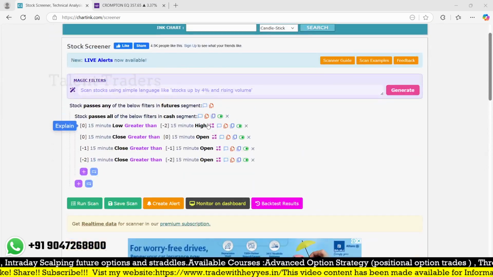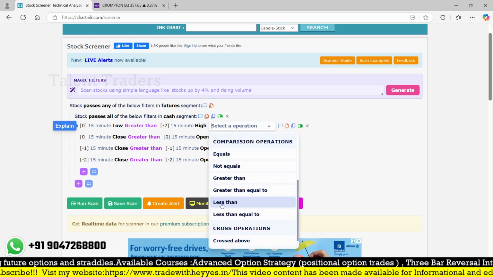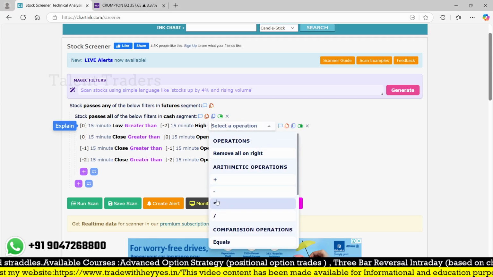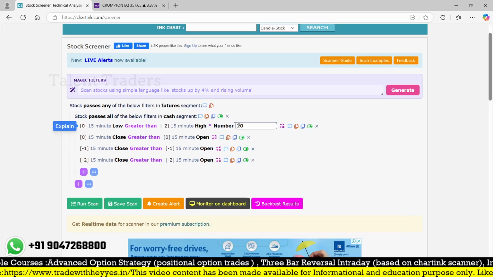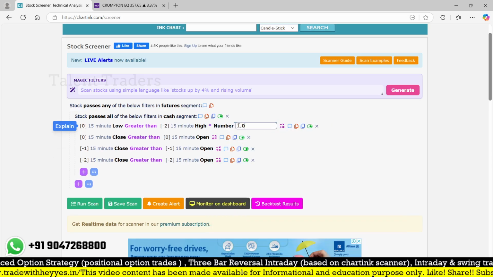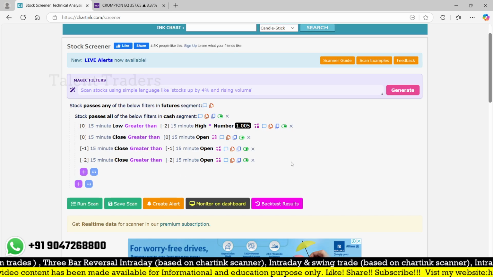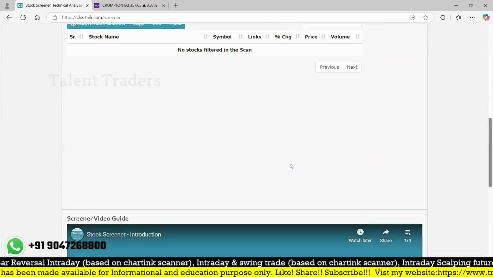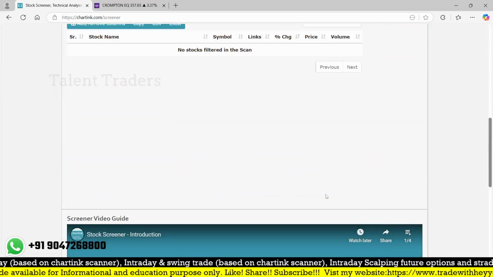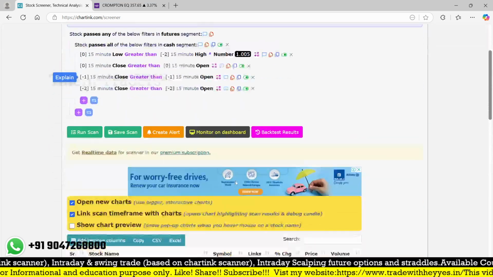Instead of finding many stocks, the scanner will find a very few number of stocks. So let me add that here. For example, we should multiply by 1.005. Let us see; for an example, if we add this, we don't get any stocks. Okay, that's good.